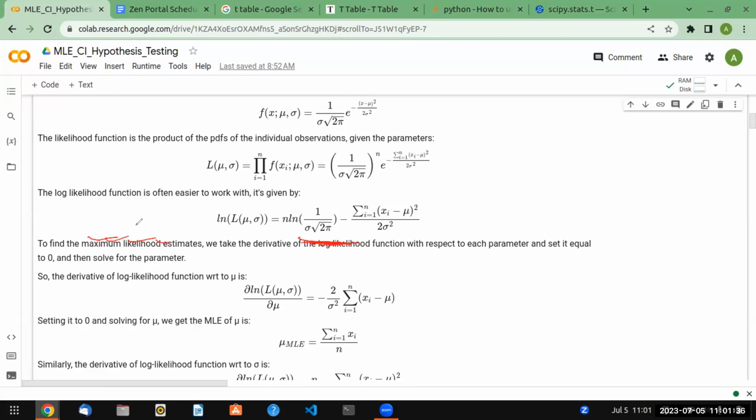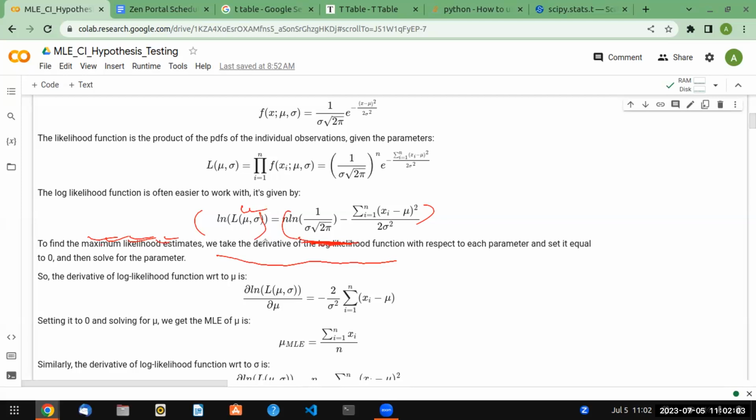To find the maximum likelihood estimates, we take the derivative of the log likelihood function. That means we take the derivative of this function, this value. And when we are doing this, we keep the other parameter constant, because we have two parameters here, mu and sigma, right?